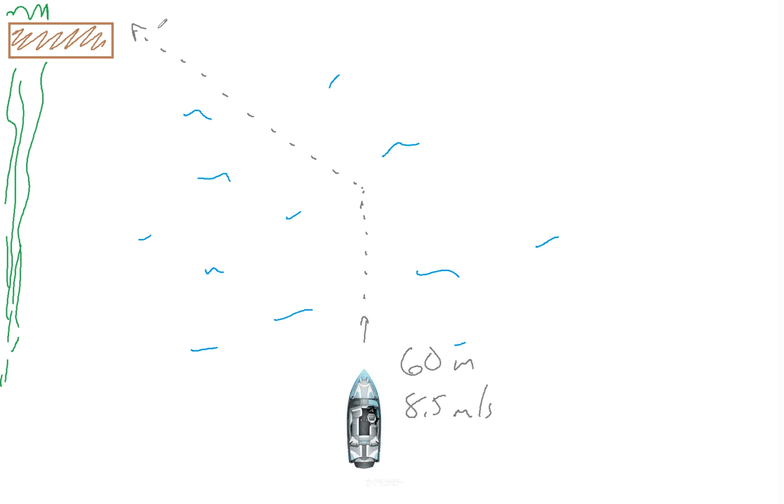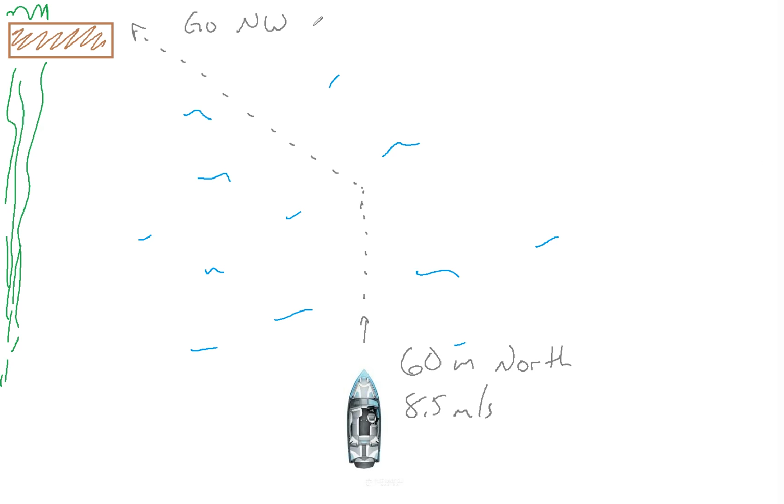Okay, so you're going to go 60 meters, and we're going to do some compass directions. You're going to go 60 meters north, and you're traveling at 8.5 meters per second. And then you are going to go northwest.